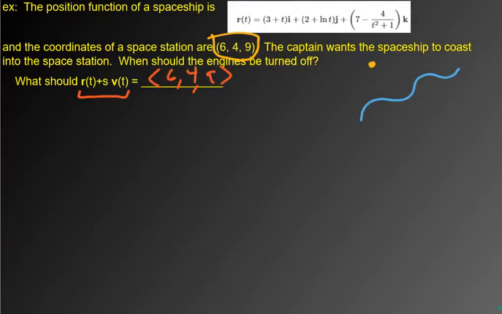Then when you shut off the engines, you're going to move in a line because you're in space, and that's how things work in space. There's this velocity vector in red here, and you're going to move along that, and you want to end up right here. So the question is, at what point do you turn off the engines?